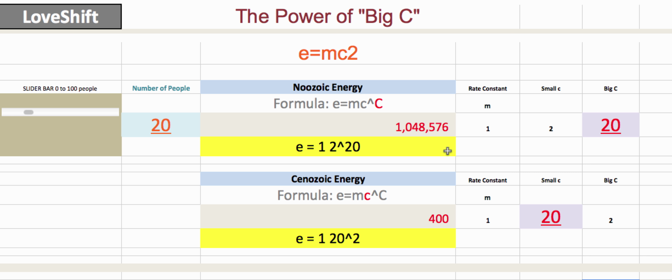And we're very, very young in this. We're moving forward into this right now. It's a brand new phenomenon, how we're being able to associate our consciousness. But look what's happened. Up here, we're already up to 1 million. 400 versus 1 million, with only 20 people in our group.